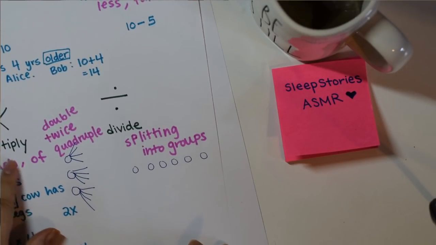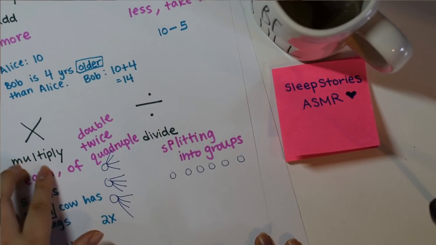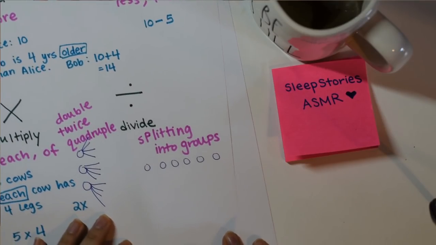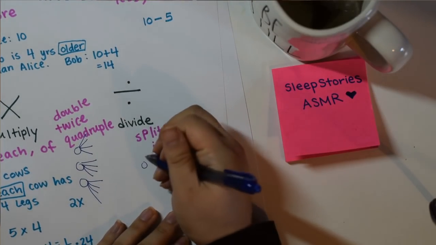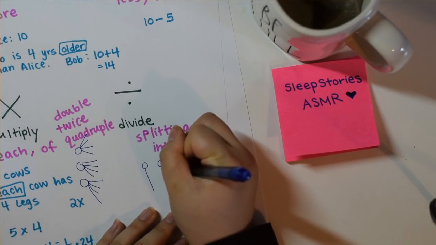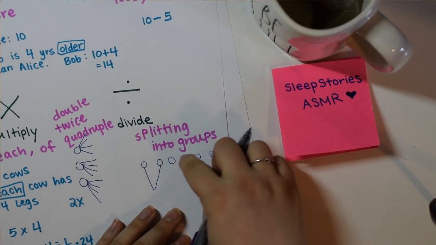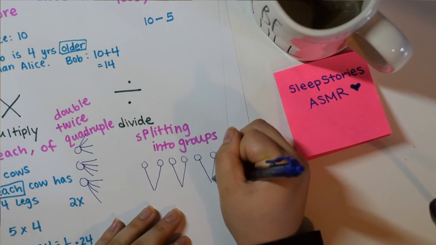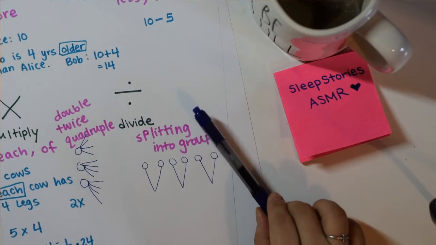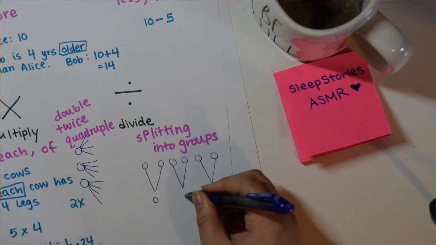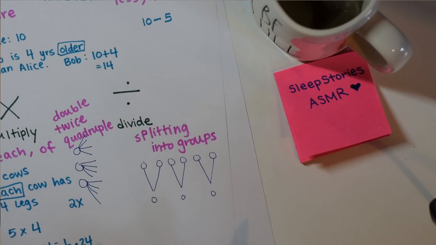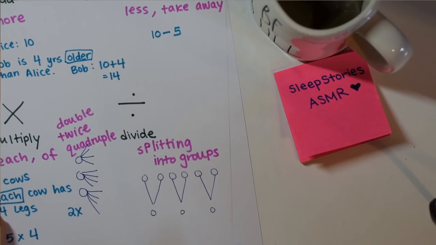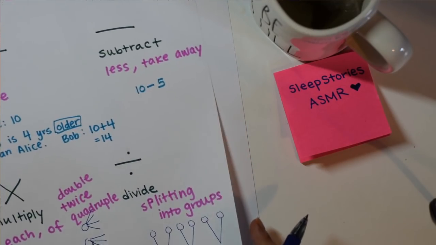That's why I wanted to elaborate on when I said each, what that means. In this case, you're splitting these 6 objects into groups of 2. So then you would have 3 of those groups. Okay, right?